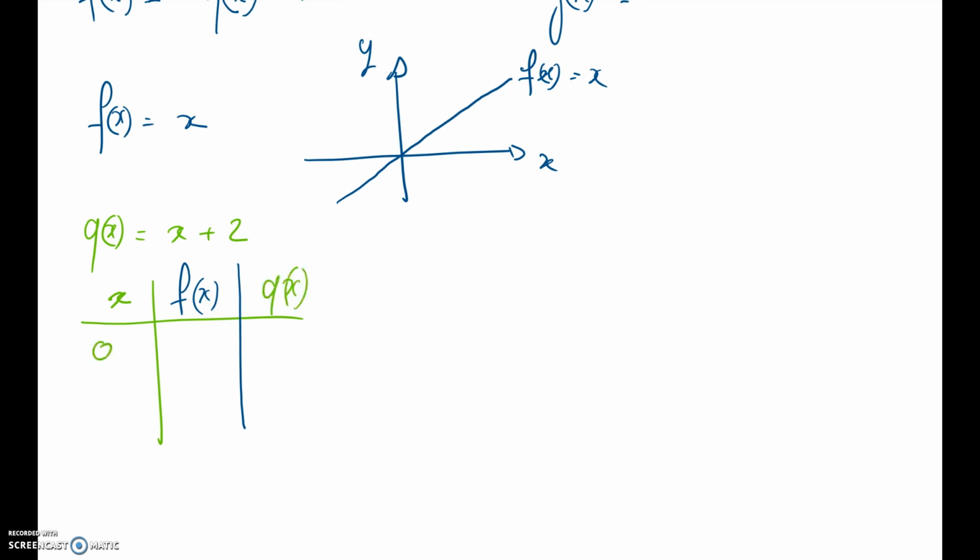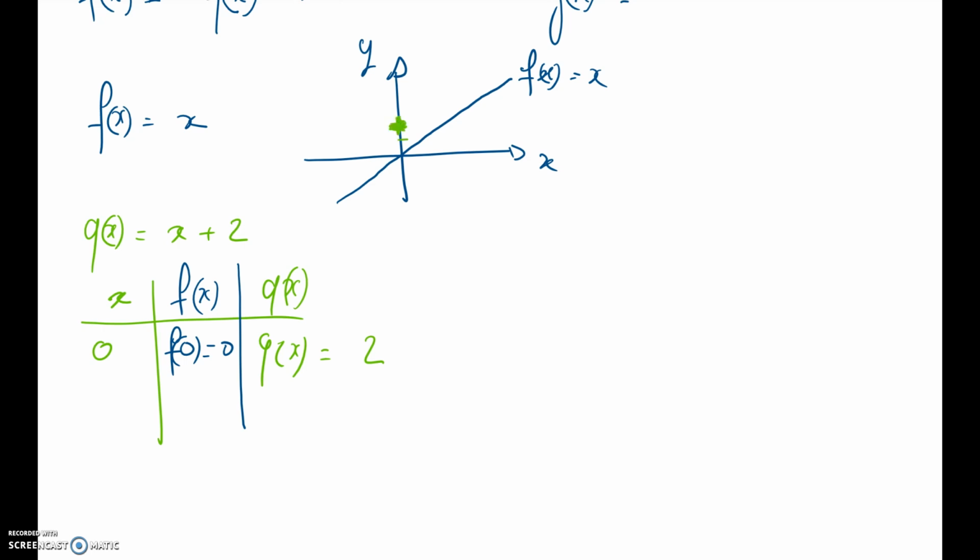When x equals 0, f of 0 equals 0, f of x equals x. But on the other hand, g of 0 equals 2. So what was 0 for f of x is now equal to 2.